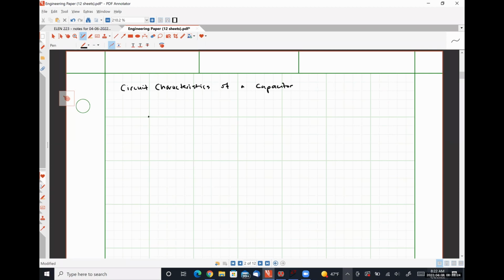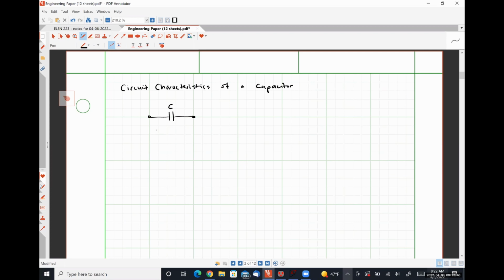We're actually going to have two here. We're only going to use one in this class, but I'm going to talk about the other one that you may see. So the schematic symbol for a capacitor is a pair of parallel plates with wires coming off of them, because that's exactly what a capacitor is. Okay.